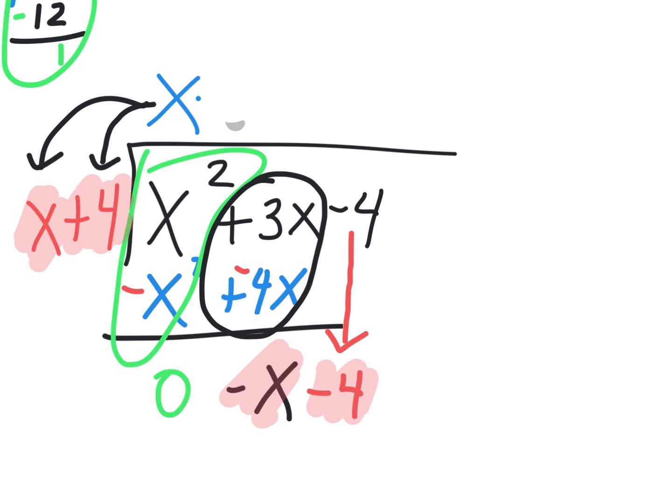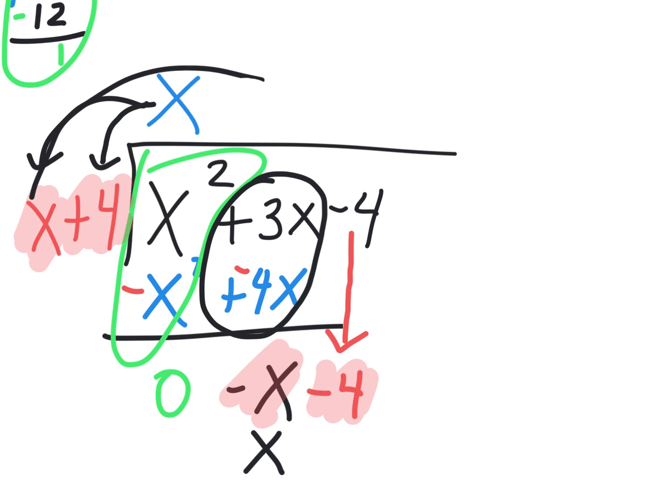Let me show you. If I put a 1 right here, positive 1, 1 times the x makes x, and I wanted it to make negative x. What should I have put up here? Negative 1. Negative 1, very good.